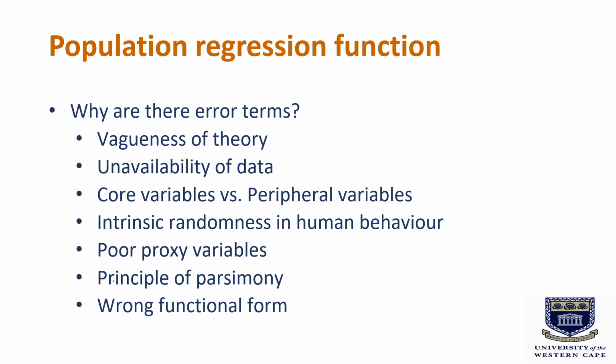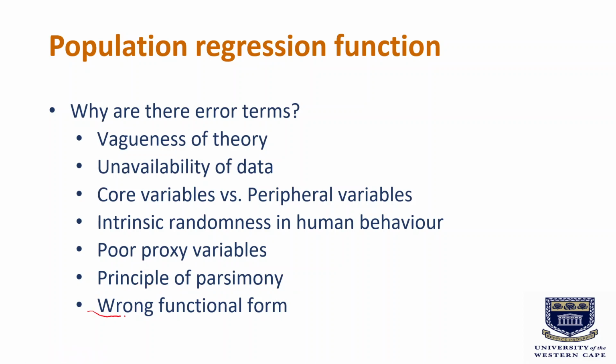Then there's also the principle of parsimony, which merely states that we should try and keep our model as simple as possible. And there are various reasons why we would want to do that. It's not appropriate to go into all of them now, but in general, for statistical analysis, we should apply Einstein's dictum that a model should be as simple as possible, but not too simple.